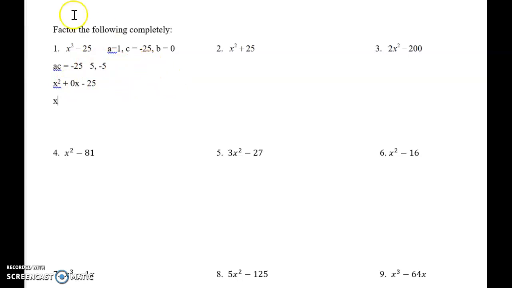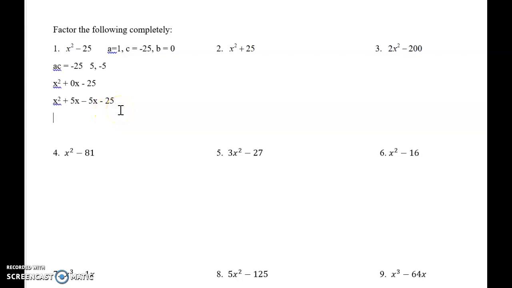So I have x squared, not changing the first one, plus 5x minus 5x. The positive 5 and negative 5 are coming from right here. The x is coming from the fact that the exponent on this one is always half of this one. So half of 2 is 1. This is going to be x to the first minus 25.